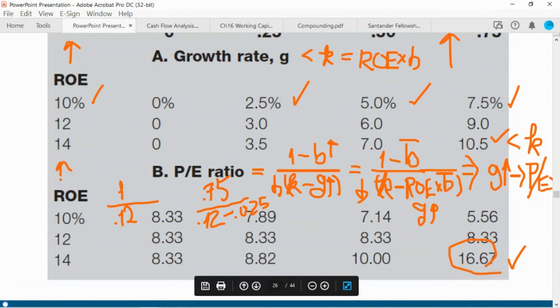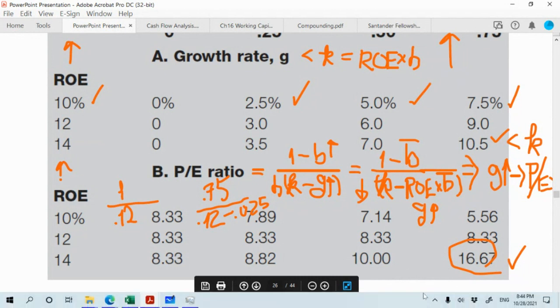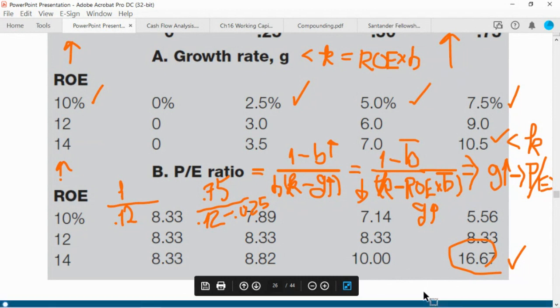So in a way, the authors of this textbook are proponents of high P/E ratios, and they are justifying the present value of growth opportunities because they are justifying a high price earnings ratio with a high plowback ratio and high growth rate.